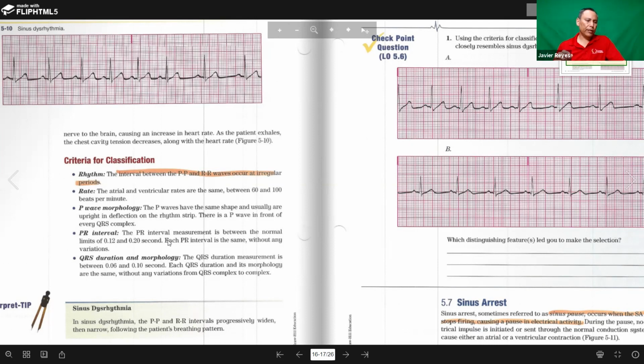Vagal refers to the vagus nerve, which is a nerve that we all have, and it sends information from the brain to the internal organs. In this case, the heart. If you sit down and meditate and relax, that vagal nerve is going to affect your heart, and your heart is going to slow down, right?